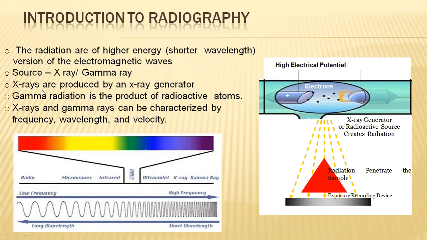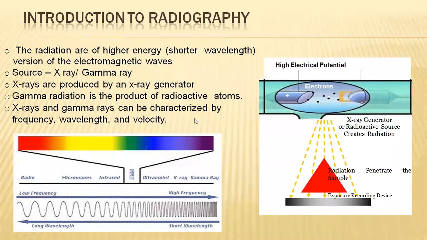X-rays are produced by the generator, actuated by filament agitation from the electrical power supply, and gamma radiation is the same, with increased frequency range.